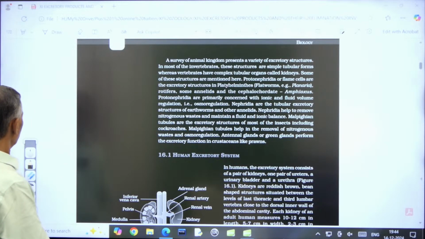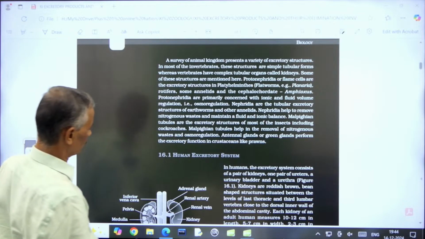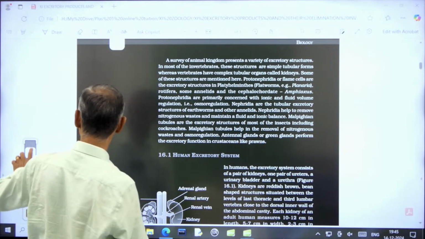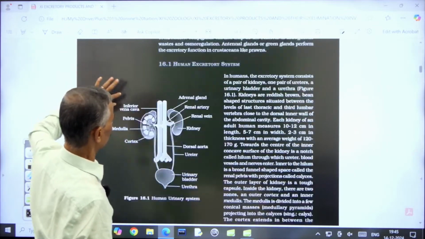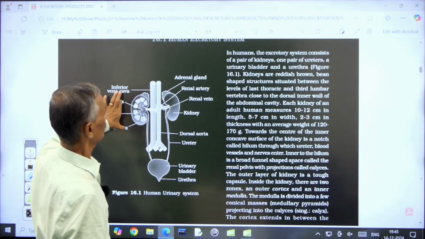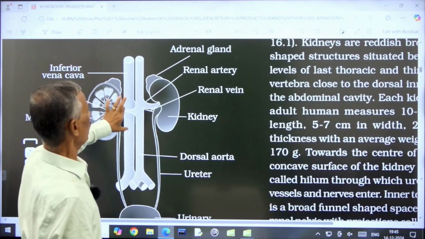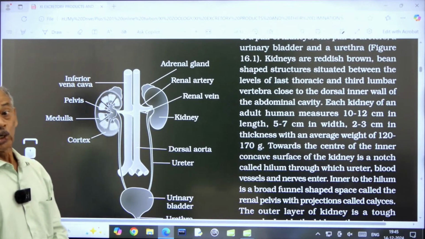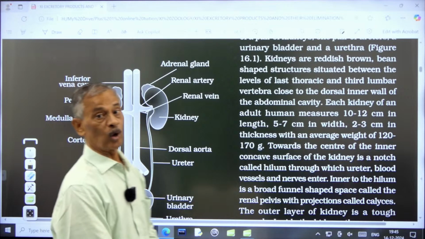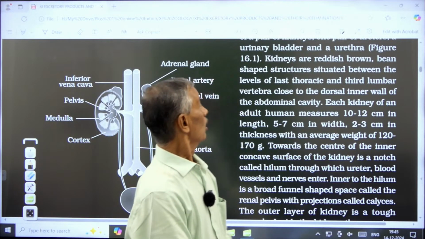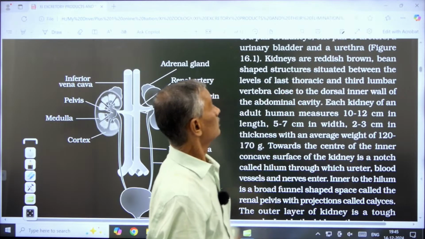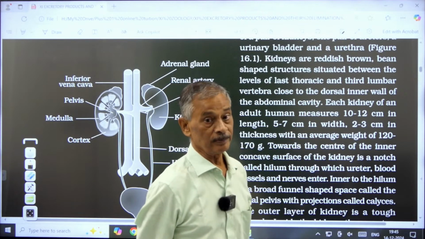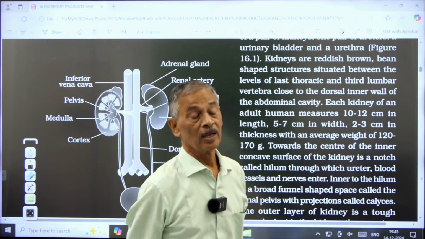And each kidney, in our case, is a reddish brown structure located in the abdomen. What is the correct position?